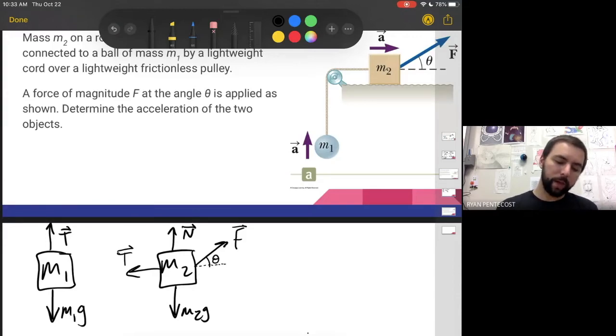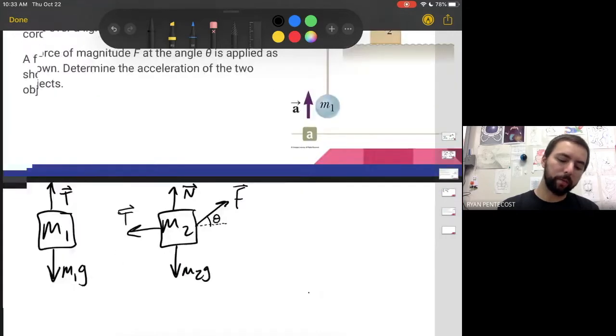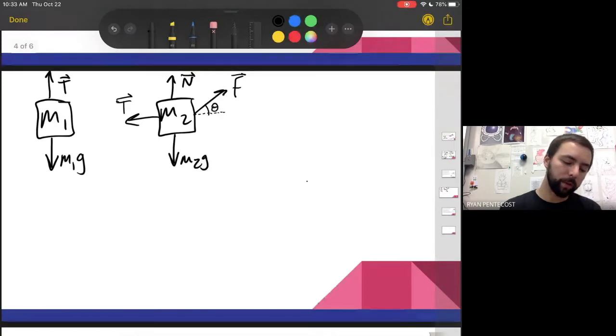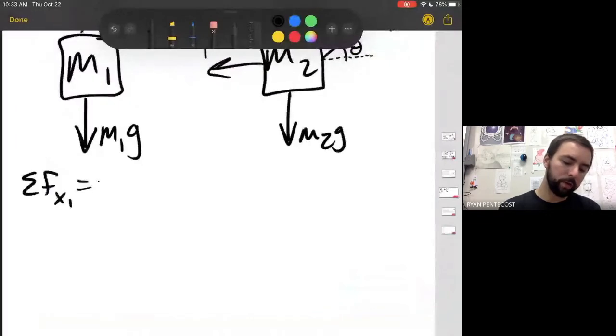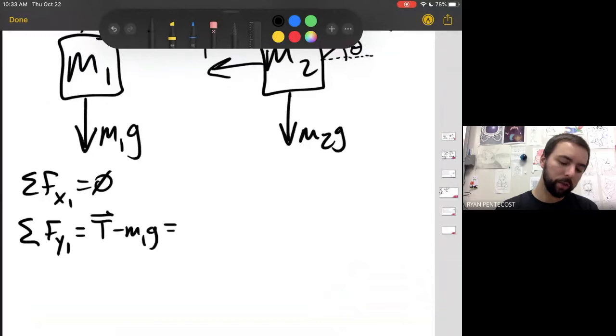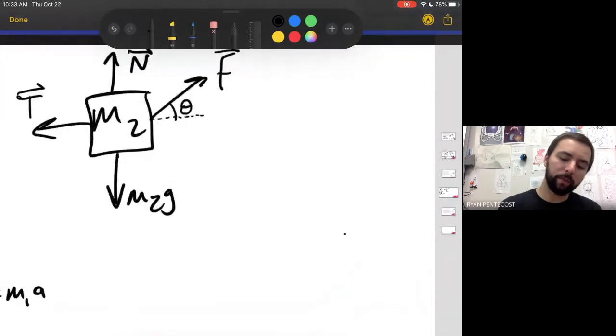Now, let's break these down because we need to find the acceleration. So break these down into their x and y summation of forces. Summation of forces in the x for 1 is 0, nothing going on there. Summation of forces in the y for 1, we have the tension minus M1G equals M1A, right? Then over here, we have two summation of forces. Let's do the y first.